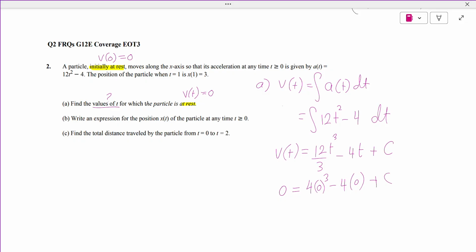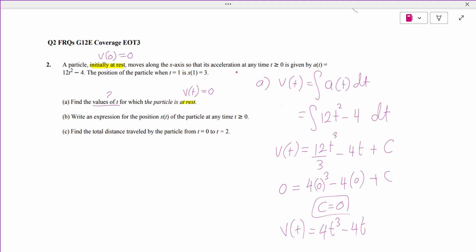Plus c. So you get c equals 0. So the velocity equals 4t cubed minus 4t. We're not done with part A yet because we need to find the t values.